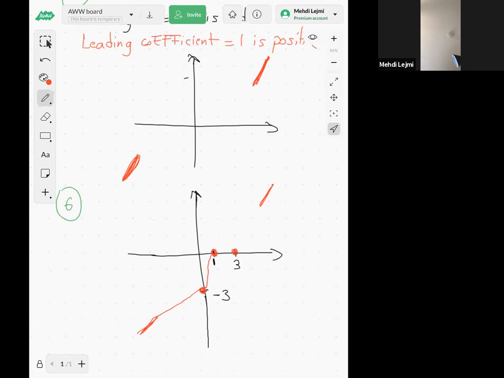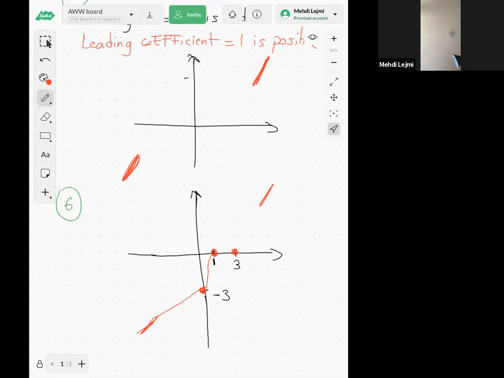Now, guys, the x-intercept 1, we said it's of multiplicity 2, right? So the multiplicity is even. And when the multiplicity is even, we touch the x-axis and turn around at the point.